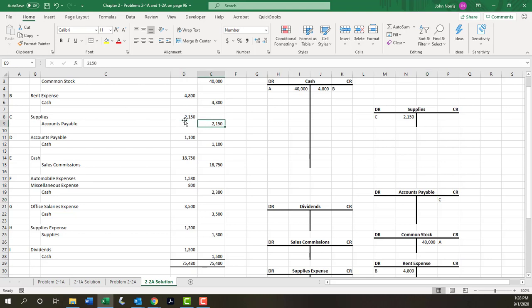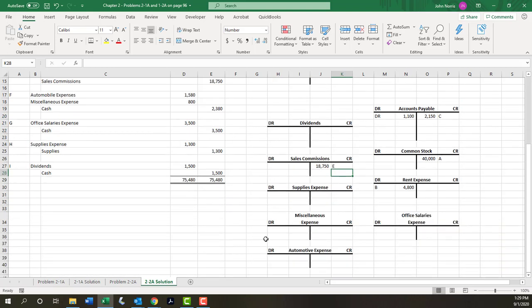Then we paid off some accounts payable in D. Received our sales commission in cash, E. F, we paid automobile expenses.